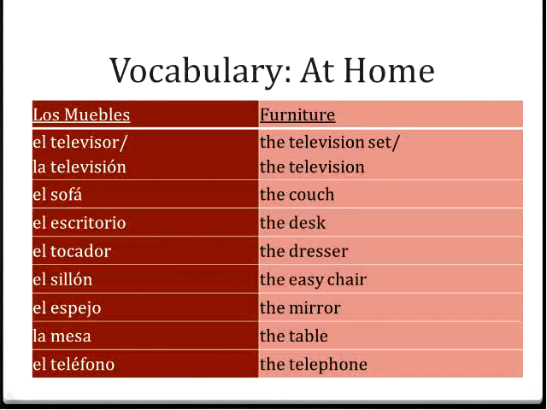El televisor o la televisión. Okay. Here we use la televisión a lot. Okay, Southern California. El sofá, el escritorio, el tocador, el sillón, el espejo, la mesa y el teléfono.